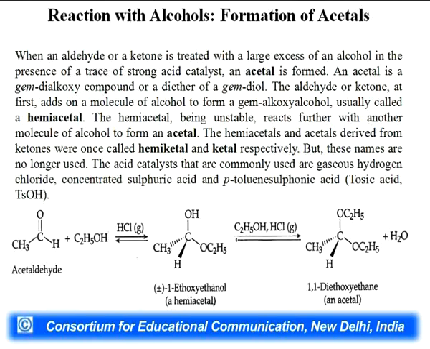The hemiacetals and acetals derived from ketones were once called hemiketals and ketals respectively, but these names are no longer used. The acid catalysts that are commonly used are gaseous hydrogen chloride, concentrated sulfuric acid, and para-toluene sulfonic acid. You can see in the reaction how acetaldehyde reacts with alcohol to form hemiacetal and acetal compounds.